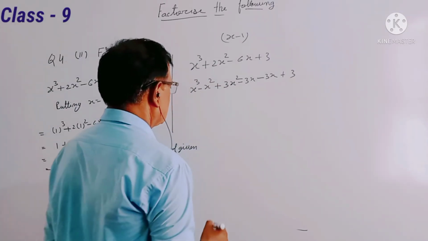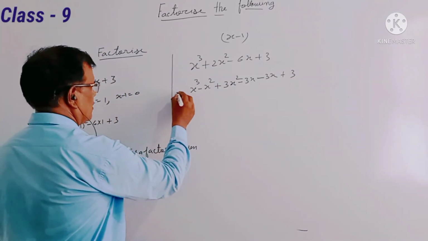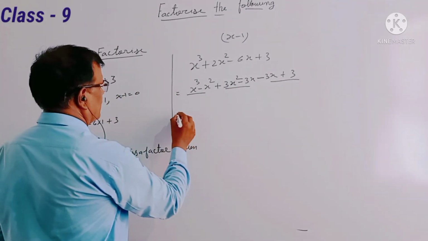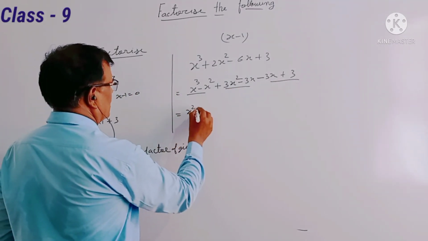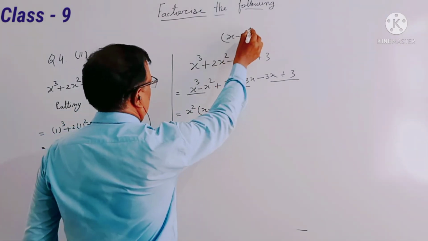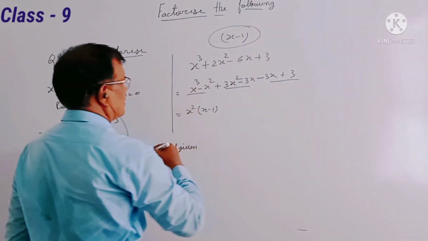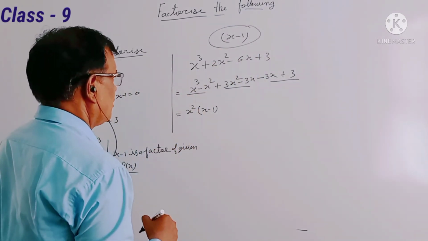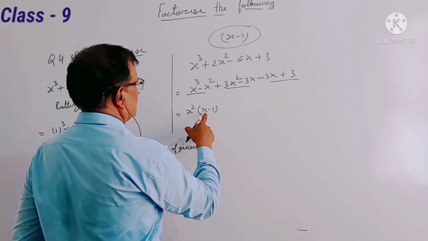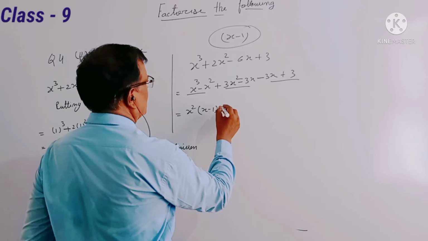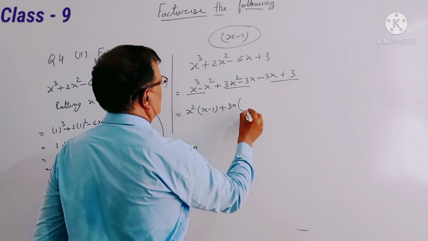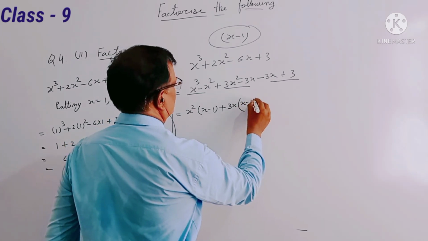Now we make the pairs and take commons. Here x square is common, then x minus 1 as we have written already. My target is that after it should remain x minus 1. So here x minus 1 is remaining. In the next bracket we have taken 3x common, here will be x minus 1.